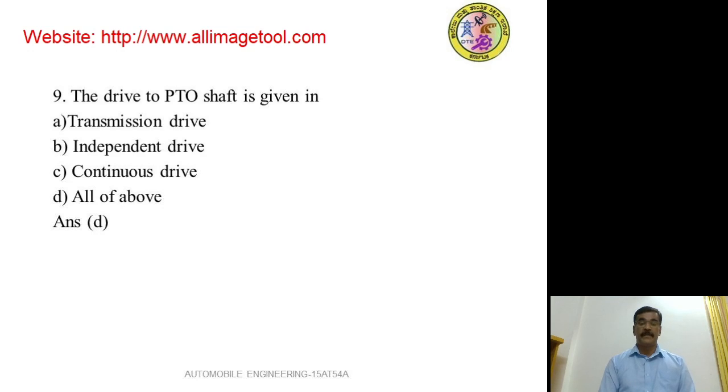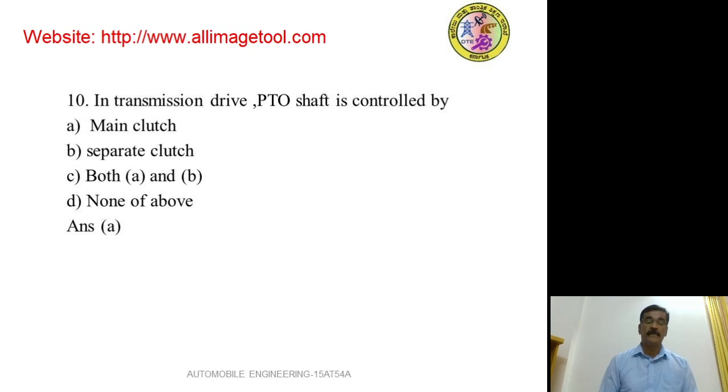The drive to PTO shaft is given in option A transmission drive, option B independent drive, option C continuous drive, and option D all of the above. Question number 10. In transmission drive, PTO shaft is controlled by option A main clutch, option B separate clutch, option C both A and B, option D none of the above.